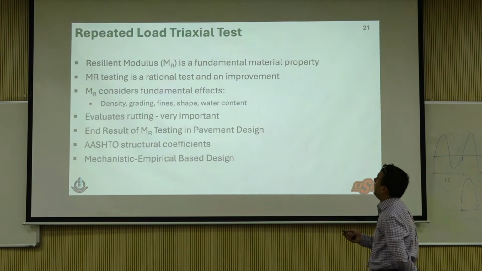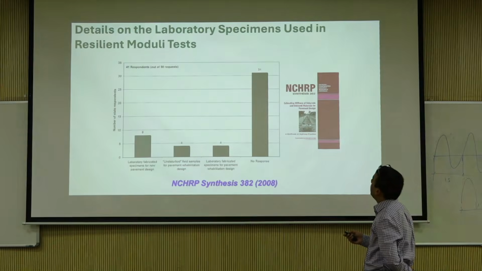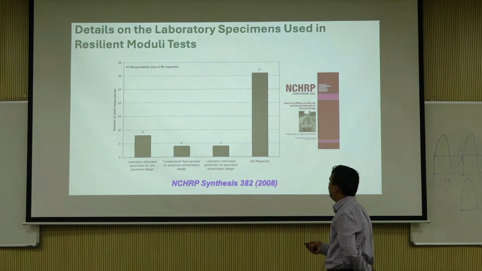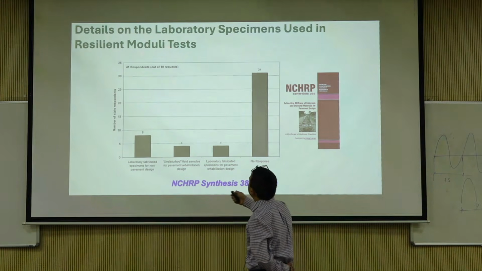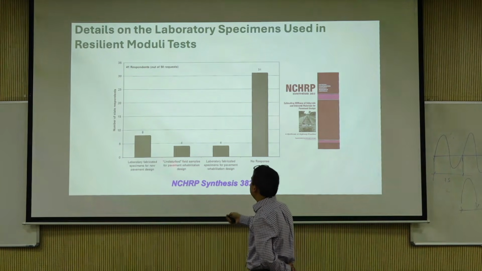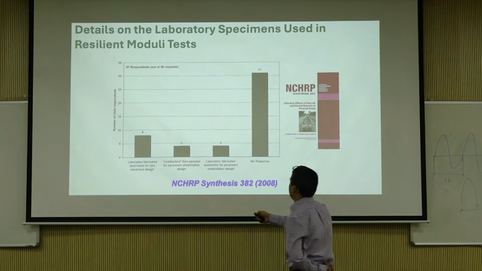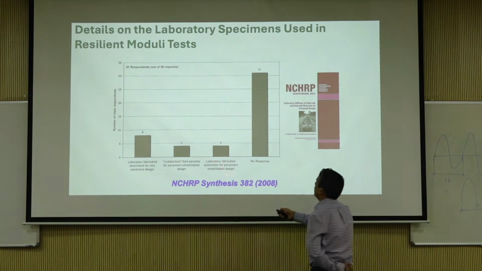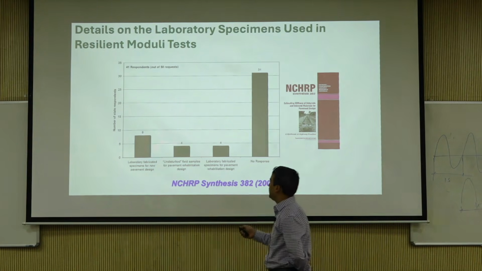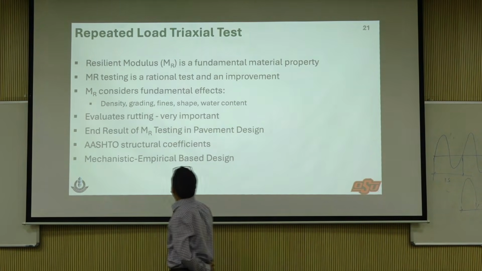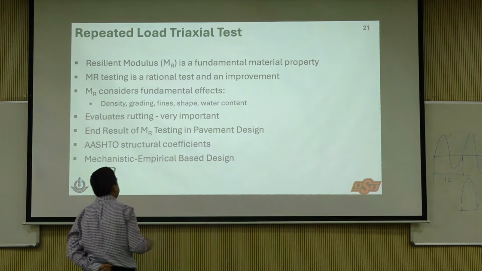Okay, so it's a fundamental problem. Here is just some survey results: how do you determine what kind of laboratory specimens? There are some people who actually did undisturbed from rehabilitation designs, but mostly laboratory fabricated. The fundamental property, it's a rational test.